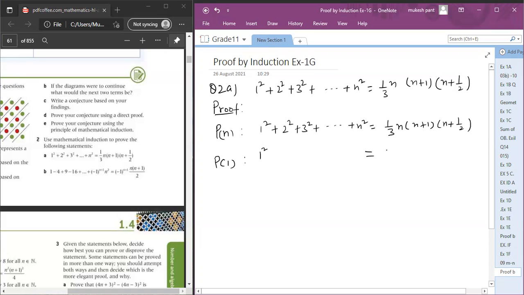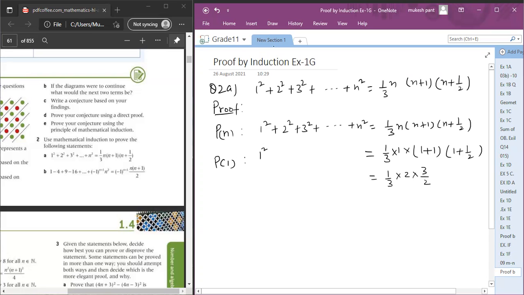Let's check it. This is 1 over 3, n means 1, times n plus 1 means 1 plus 1, and this is 1 plus 1/2. Let's solve it. So 1 over 3, this is 1 plus 1 is 2, and 1 and a half means 3 over 2.